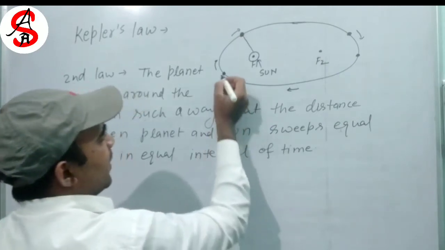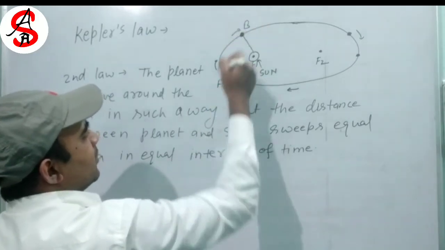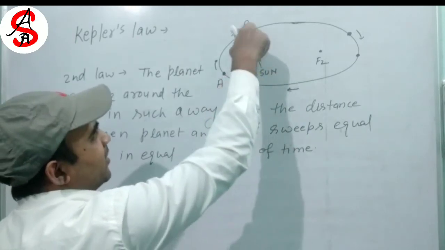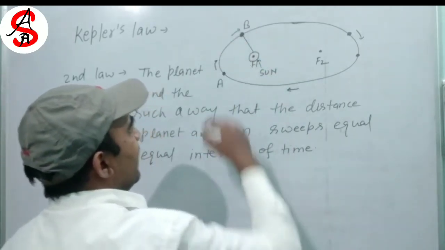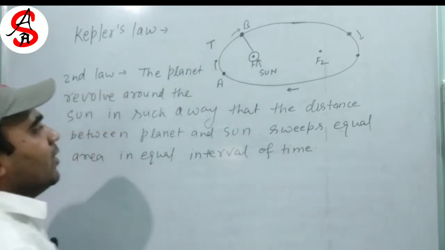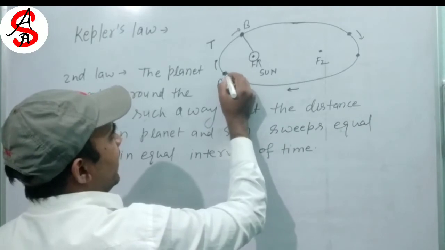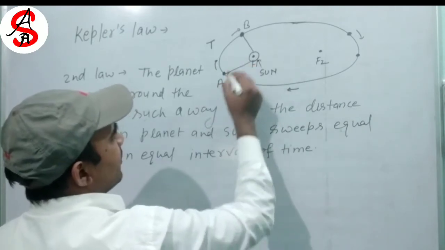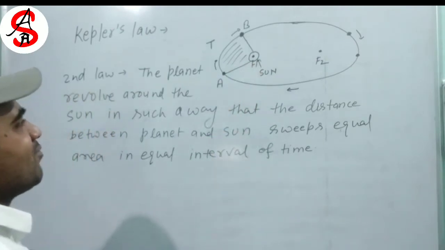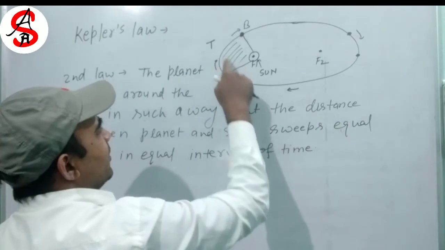That is, imagine the planet position at A and the planet position at B. It will take time t for revolution. Now the area swept by the planet from A to B in time t is this.